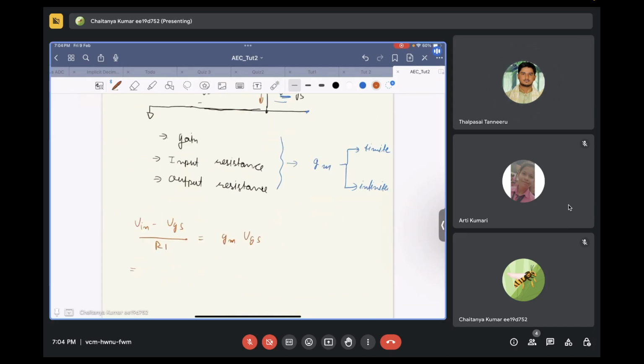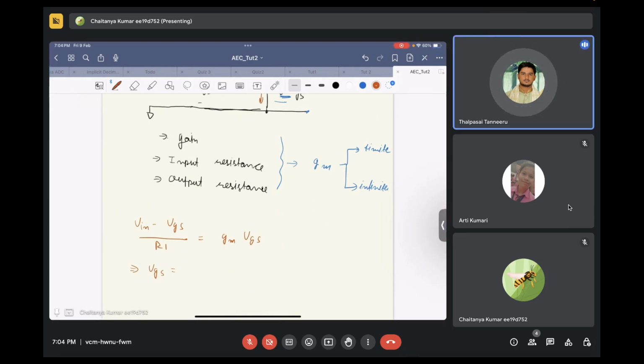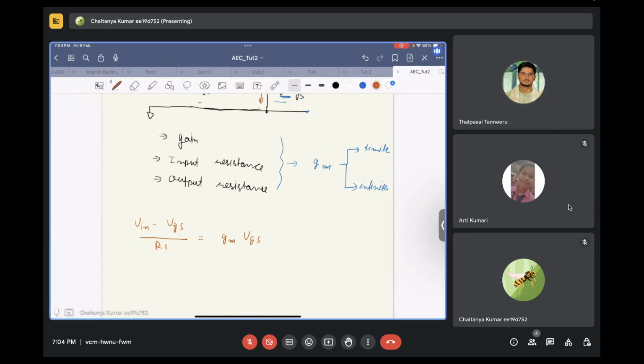So what is VGS in terms of Vin? Just try to solve this equation step by step.